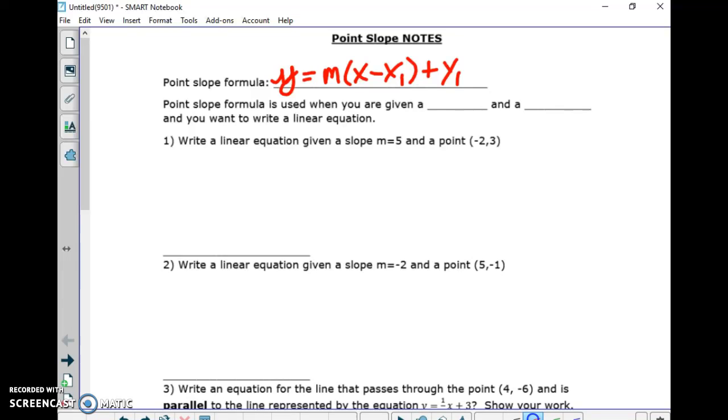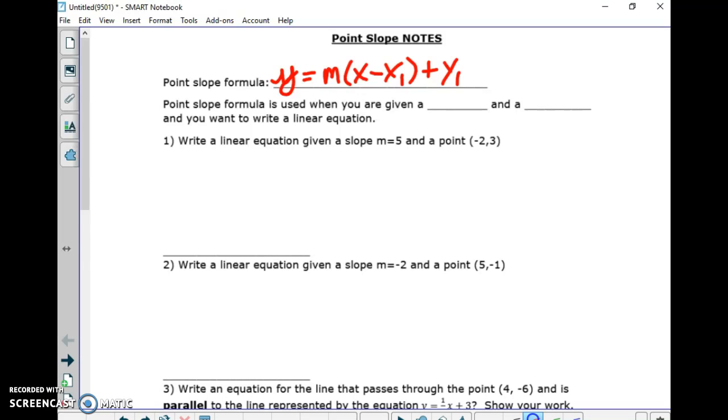This point slope formula is a little bit different than maybe the one you learned. There's a different variation of this, but this one's, in my opinion, a little bit better because it's already y equals. So this is the one we're going to use for this unit. Y equals m parentheses x minus x1 plus y1.